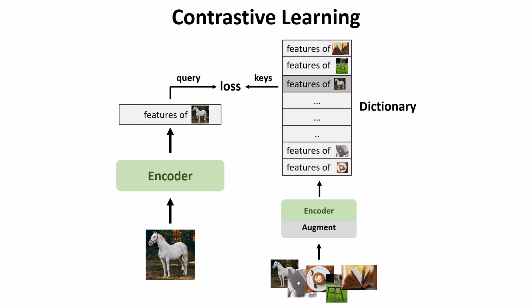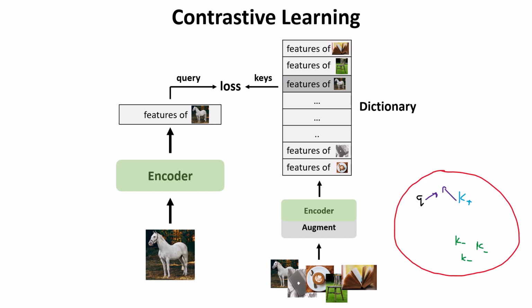Now you might wonder, what is this loss function and what is its role? Well, in contrastive learning, we have a solution space in which our query and all our keys are located. Our job is to apply some loss function to pull the query and the positive key from this dictionary to a single area of the solution space, very close to each other.